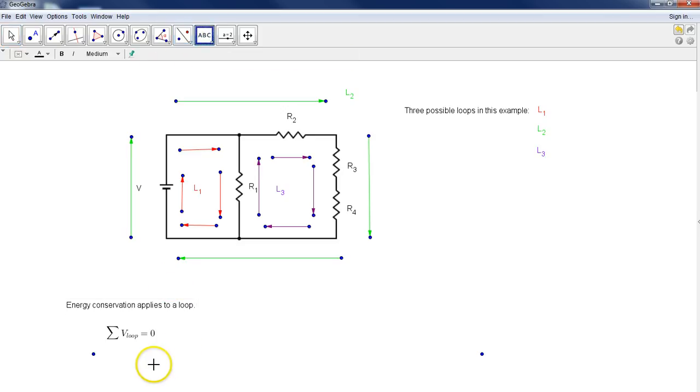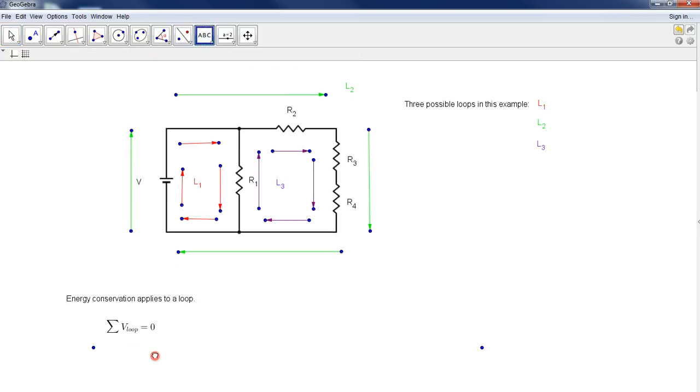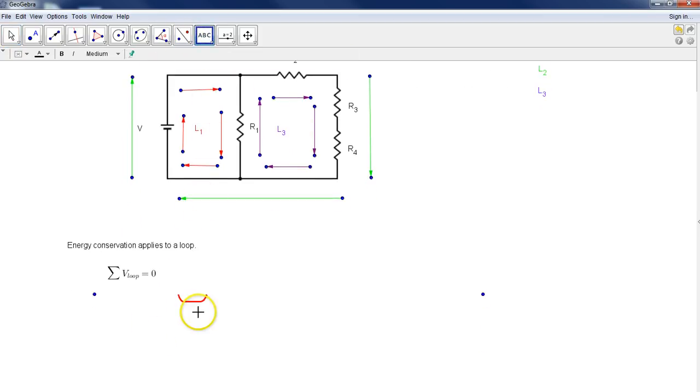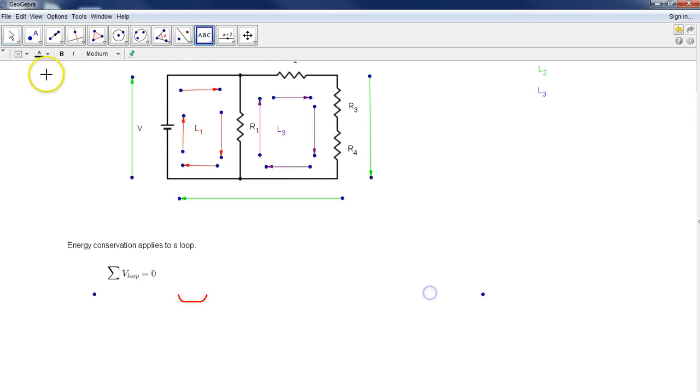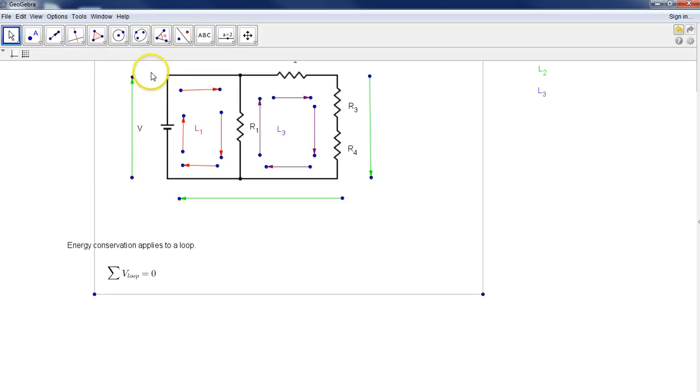And we'll write that down as our first example here. Let's get rid of that red piece. There we go.